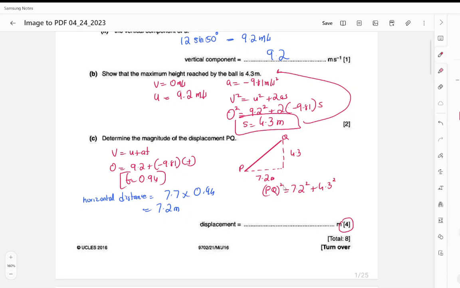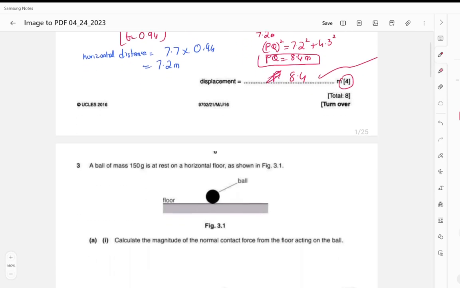And finally applying the root operation, this just gives me a value of 8.4. So PQ is actually 8.4 meters. PQ भी आ गया. Anyways, this is done. Simple था. Let's just move on to the next question and see where the journey takes us.